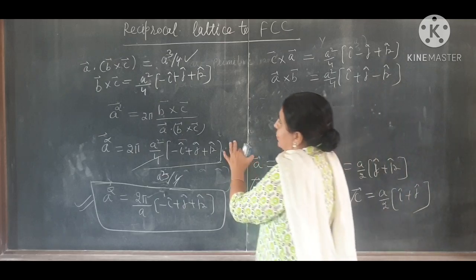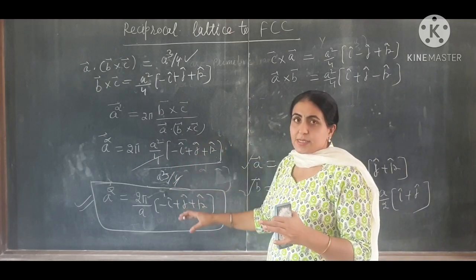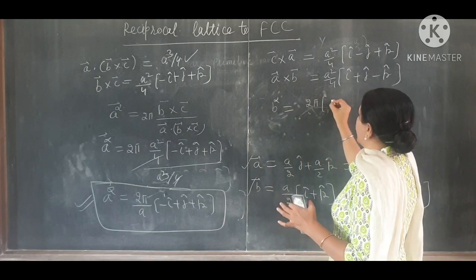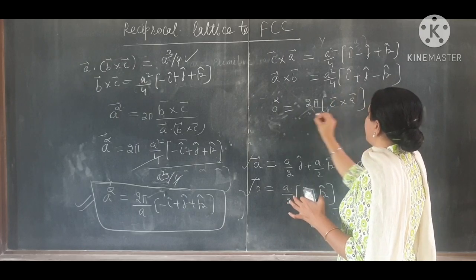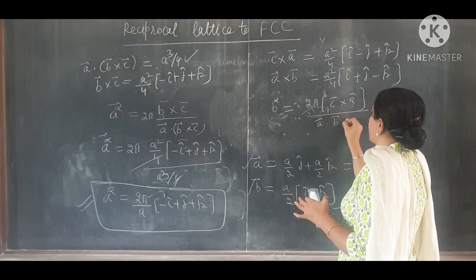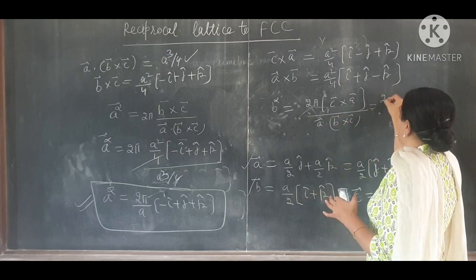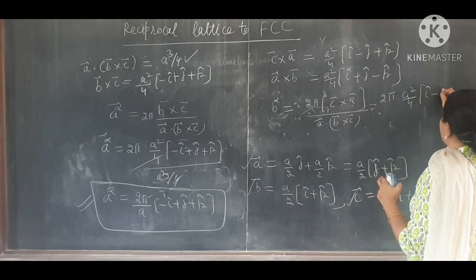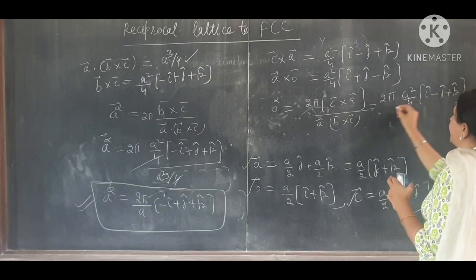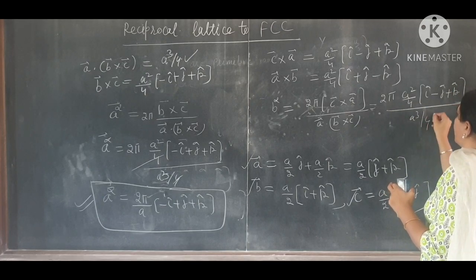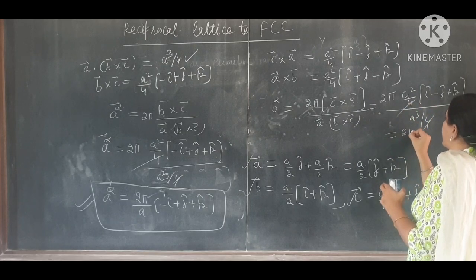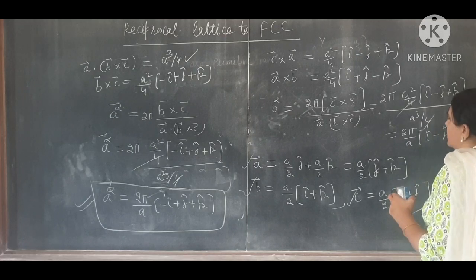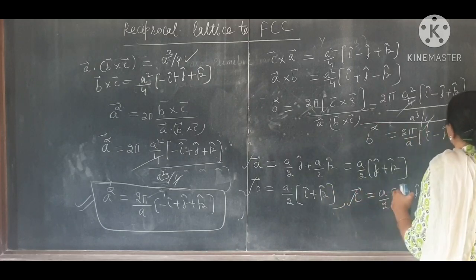Then b star is equal to 2 pi c cross a divided by a vector dot b cross c vector. Putting the values, a square by 4 times i minus j plus k divided by a cube by 4. So 4 goes with 4, and you have 2 pi over a, i minus j plus k. So this is our b star.